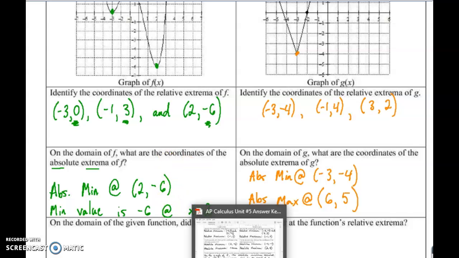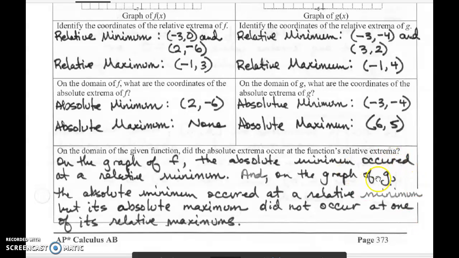Looking at the answer key, on the graph of f, the absolute min did occur at the relative min, and you could say the same thing about g. However, the absolute max did not occur on f at all because it went infinitely up, so there was no absolute max. In g, the absolute max occurred at one of the endpoints.